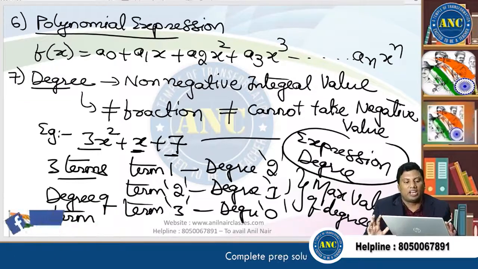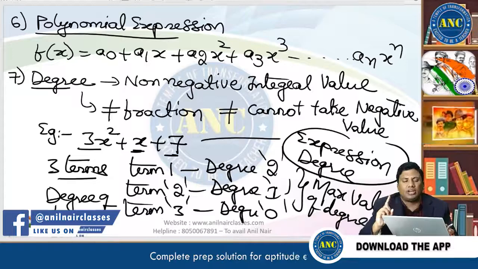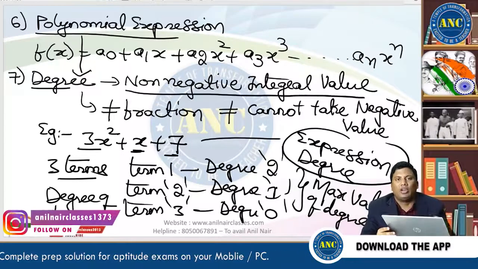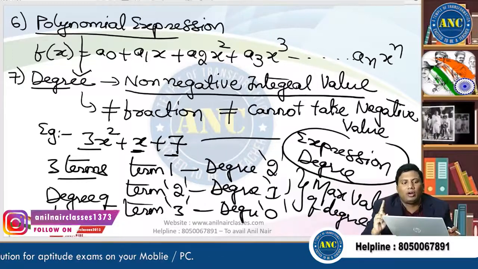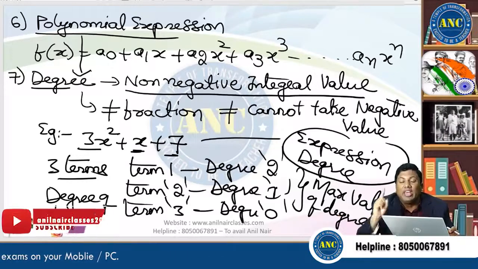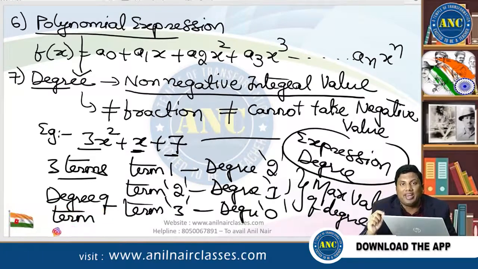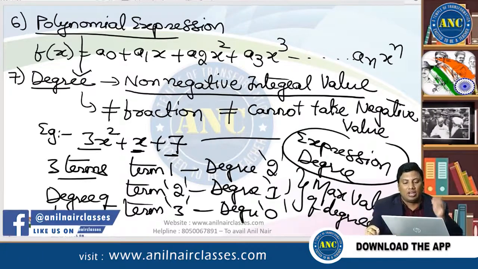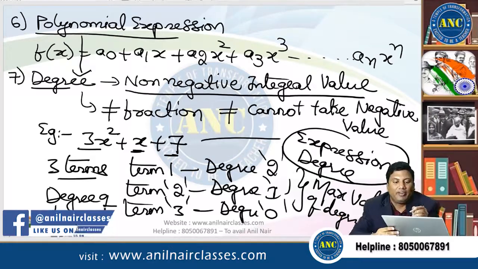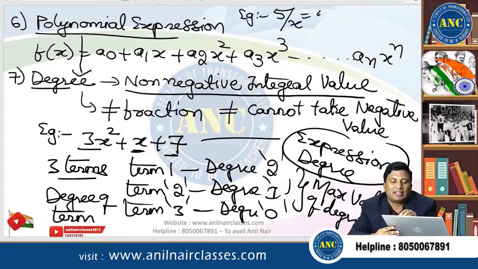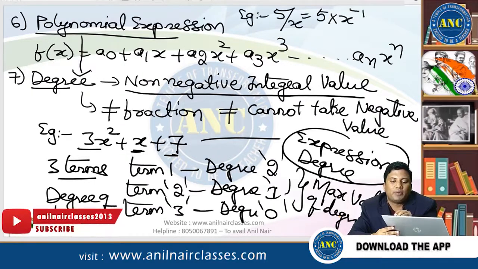For a polynomial expression, the degree will always be a non-negative integral value. If it is a polynomial expression, the power of any variable cannot be a fraction or take a negative value. For example, 5 by x is nothing but 5 into x power minus 1.